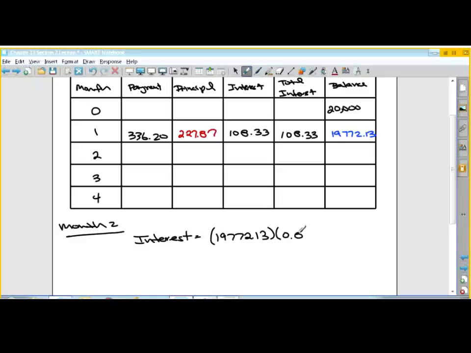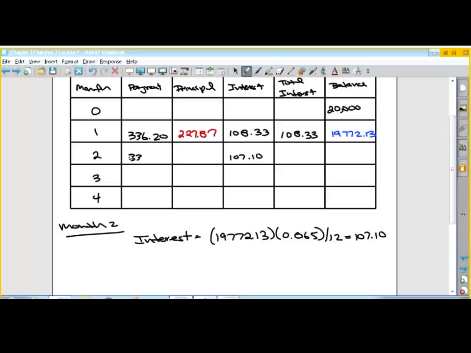You multiply by the yearly interest rate divided by 12, which gives you the monthly interest rate, and I get $107.10. So that's my new interest, which is less than I paid the first month because my balance is less.